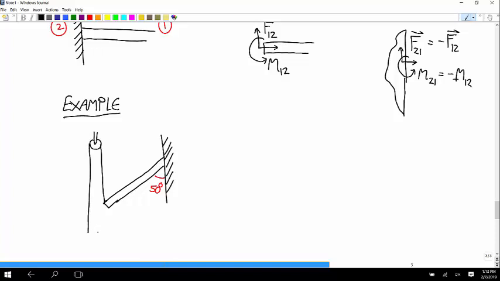And hanging from the other end of that cable is a mass of 200 kilograms. And we want to know, what are the reaction loads at the wall?